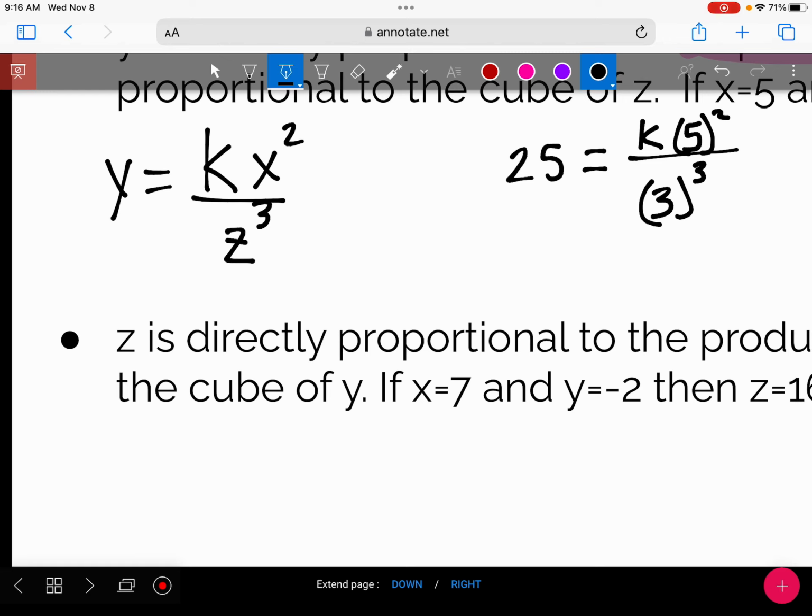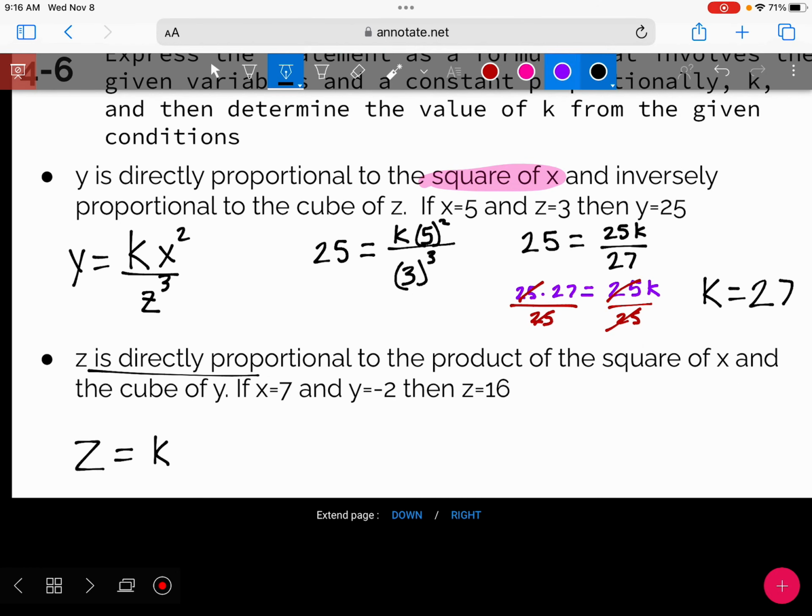We know that z is directly proportional. So k times something. What does the product mean, mathily? If I say the product of something, what are we doing? Multiplication. So the square of x and the cube of y multiplied together. So the square of x, we've already talked about that one.